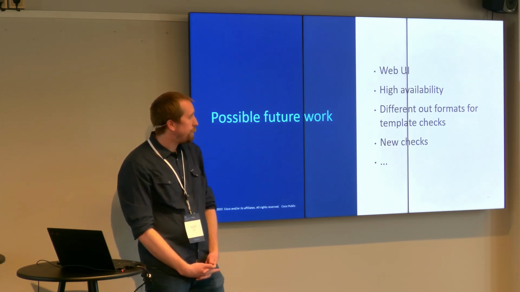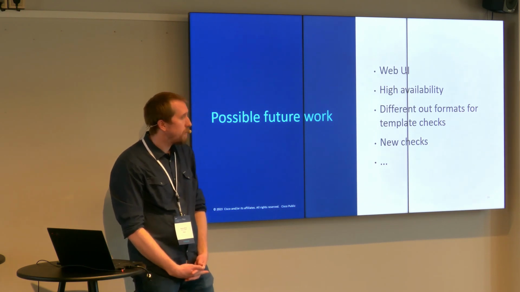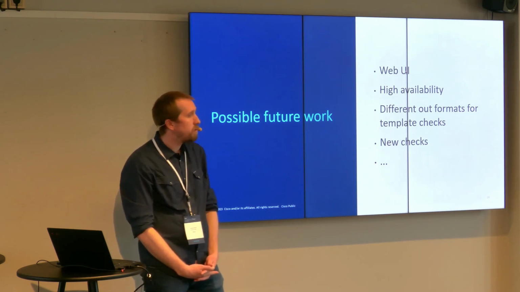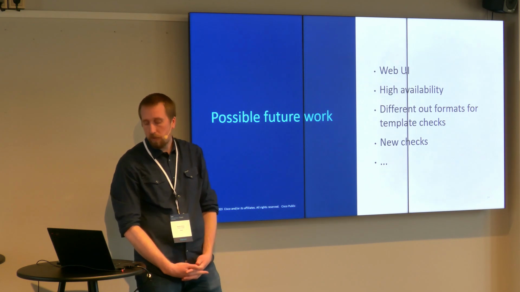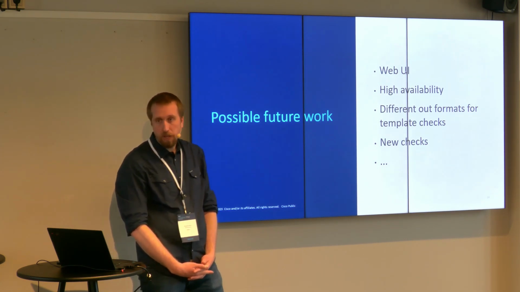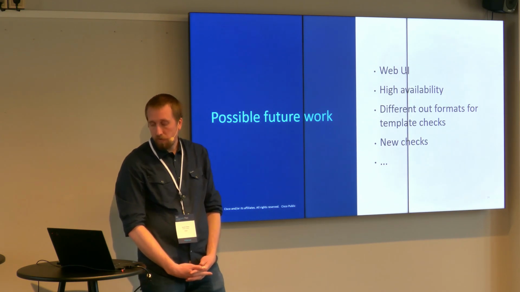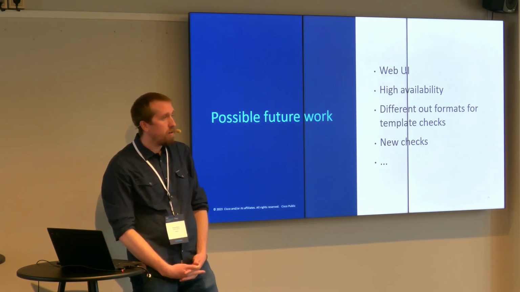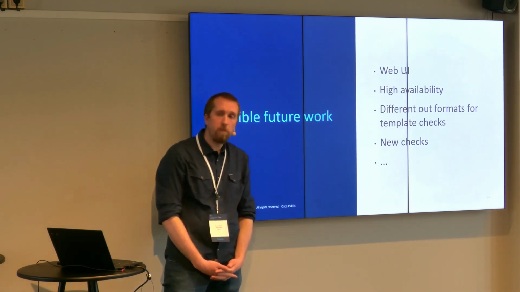Next, for all the diffs that we have in compliance reporting, we are currently generating them as CLI diffs, and it might be useful to generate them in other formats that are better suited for different use cases. And there are probably more checks that we can do in compliance reporting.